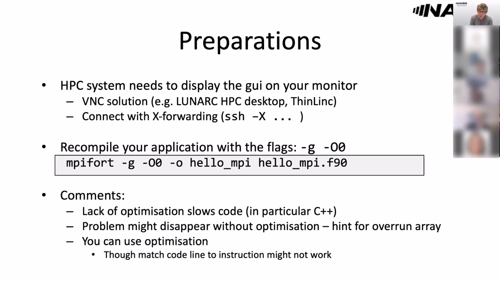The next recommendation is to switch off all optimization by putting the flag -O0, capital O zero. You can run with optimization, but with optimization, the compiler restructures the code. Certain things vanish from the source. Some variables, the compiler might just optimize out.